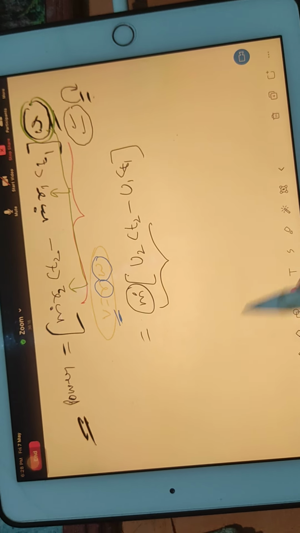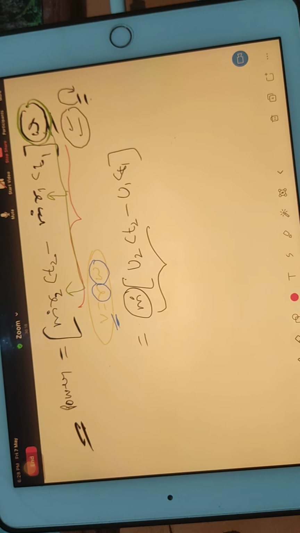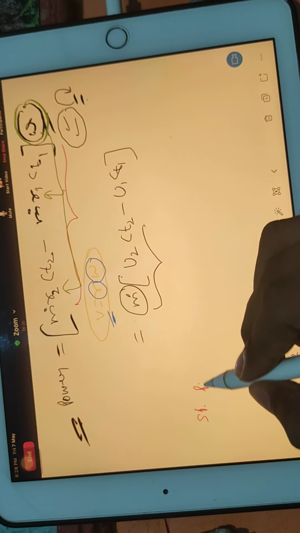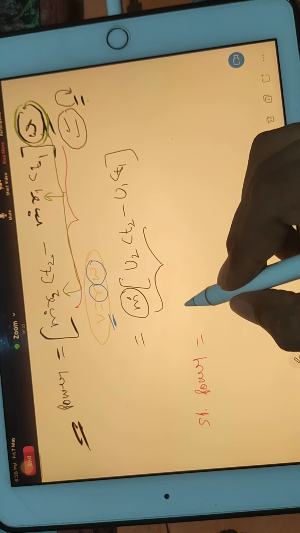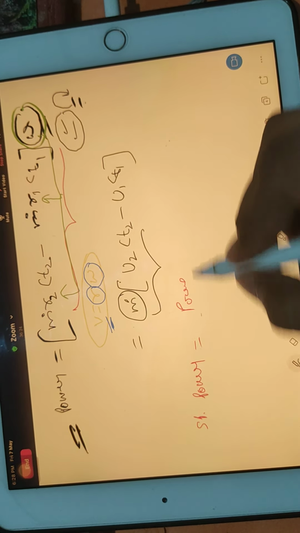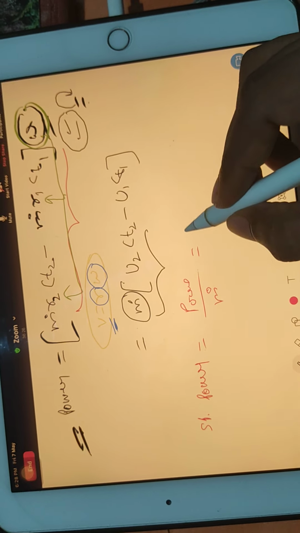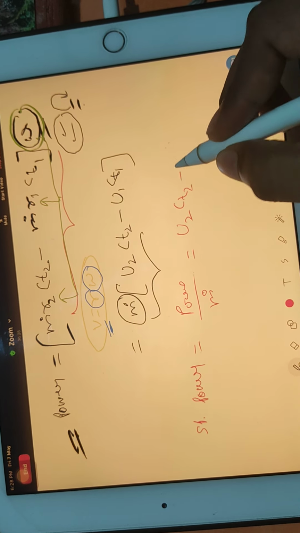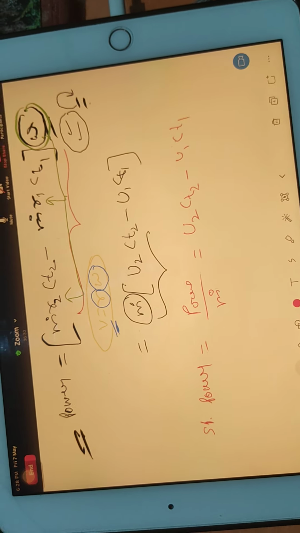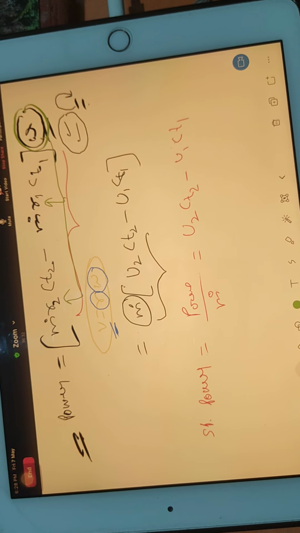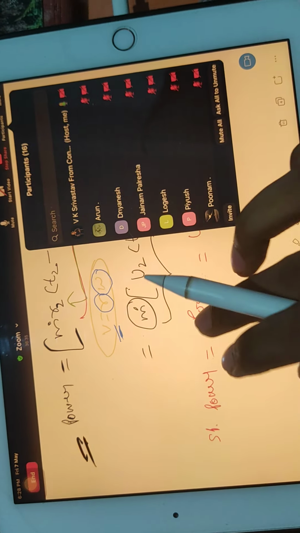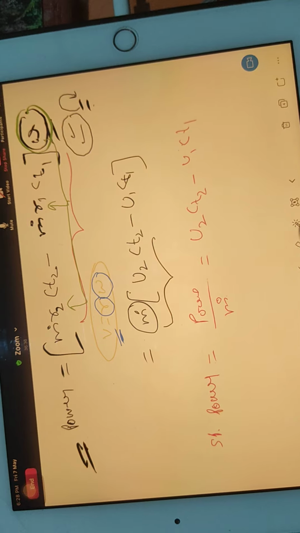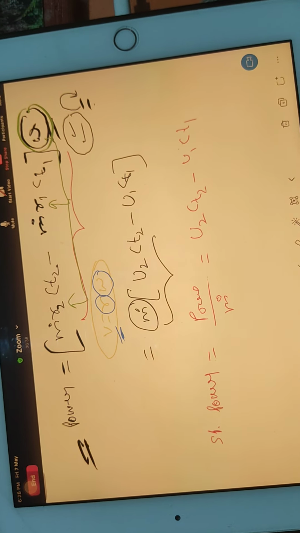So you can just write specific power is equal to whatever power we have achieved, divided by mass flow rate. So we will be landing like this, u2 ct2 minus u1 ct1. Now you understand one logic. I hope everyone is getting. We are not doing AFC yet. We are just doing the basics of turbo machine, then we'll jump to AFC.